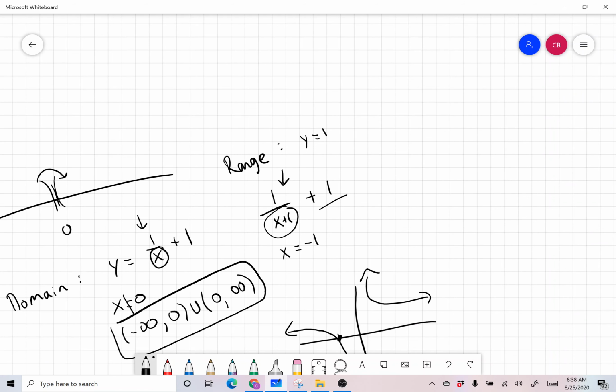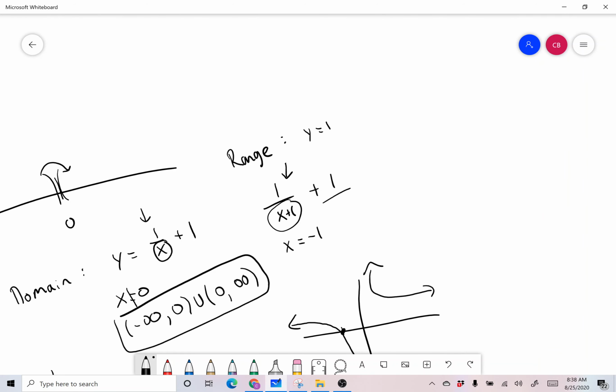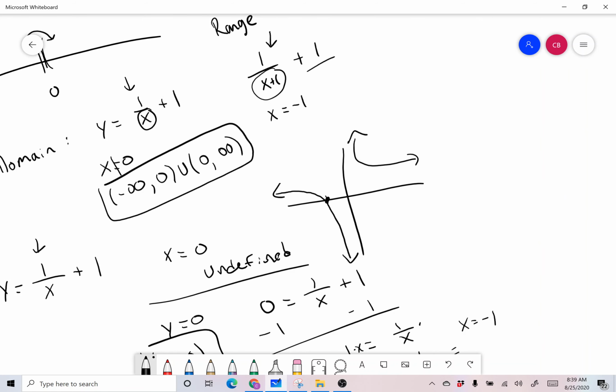And so the range of this is going to be -infinity to 1. And then 1 to infinity. And what that means is the lowest values down here are -infinity. Sorry, we're looking at this. It comes up. It gets to this 1 right here.